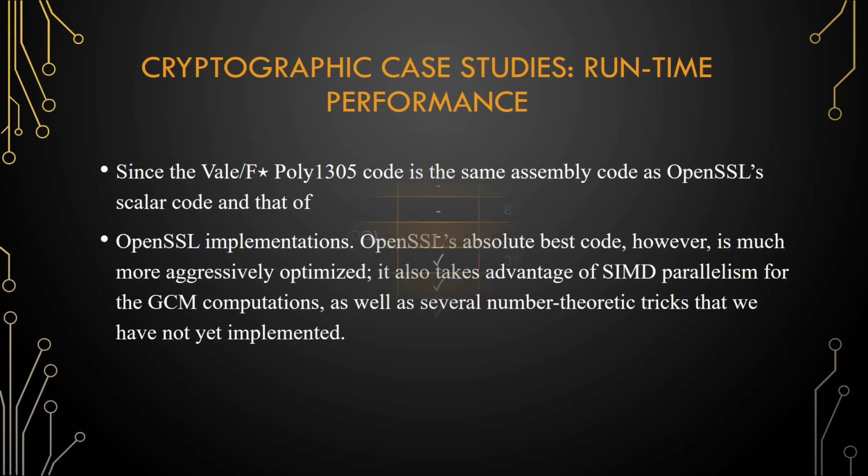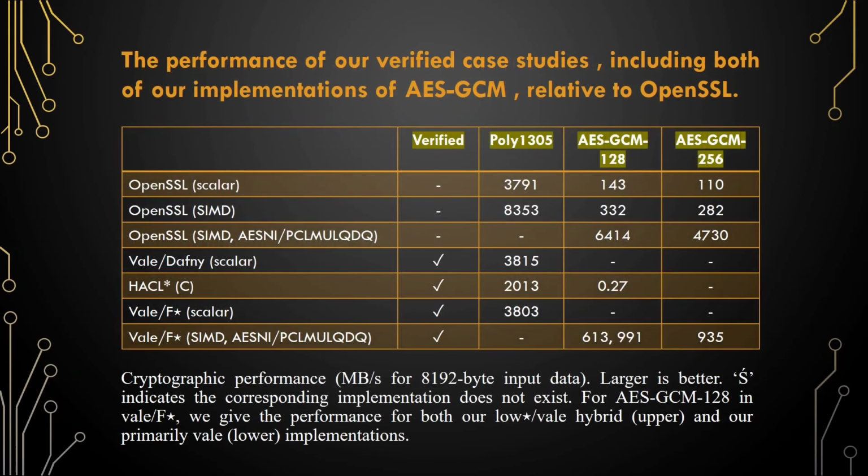The performance of our verified case studies, including both of our implementations of AES-GCM, relative to OpenSSL, is in the table, cryptographic performance. Larger is better, and a dash indicates the corresponding implementation does not exist. For AES-GCM 128 in Vale-F*, we give the performance for both our low-Vale hybrid and our primarily Vale implementations.